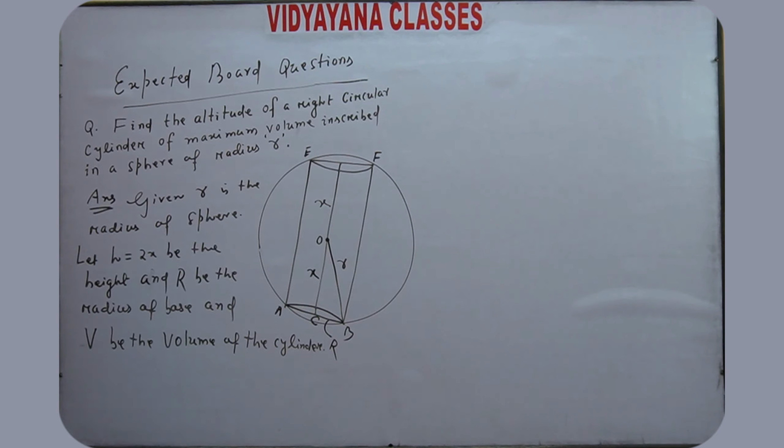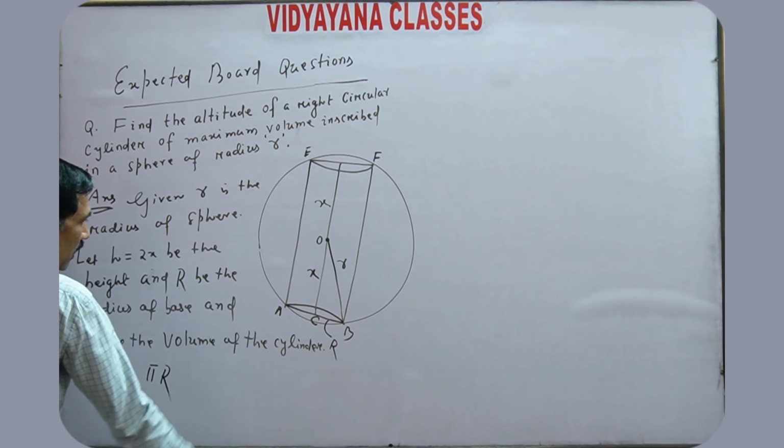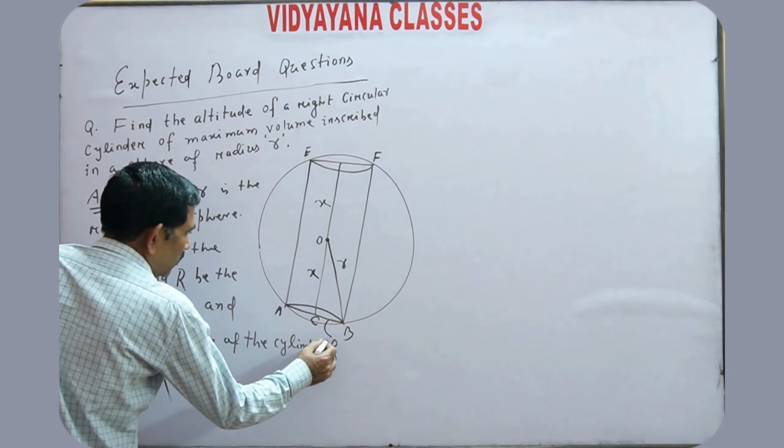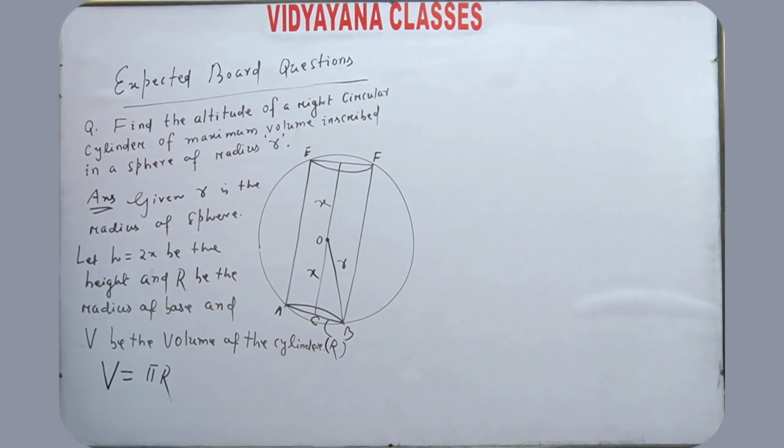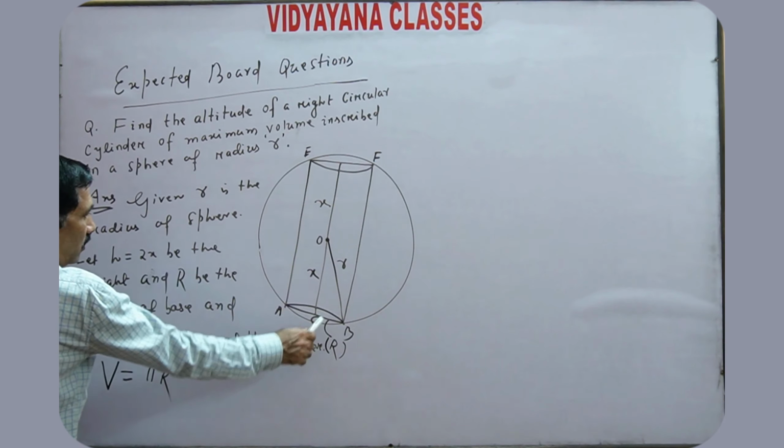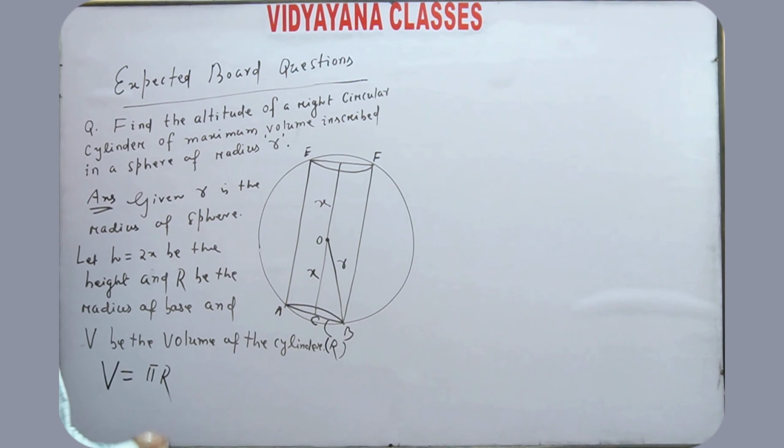Volume of the cylinder V is equal to pi r square h, where r is the radius of the base of the cylinder. What is h?